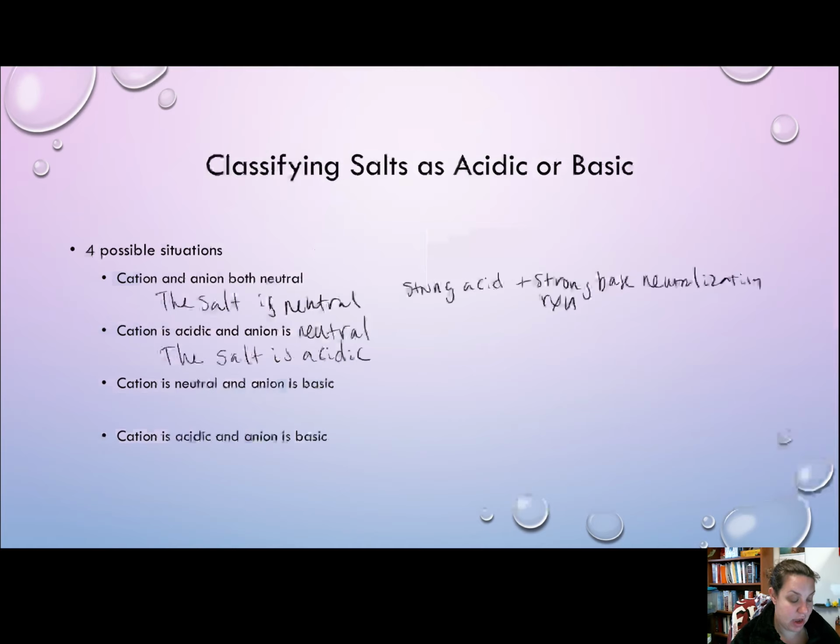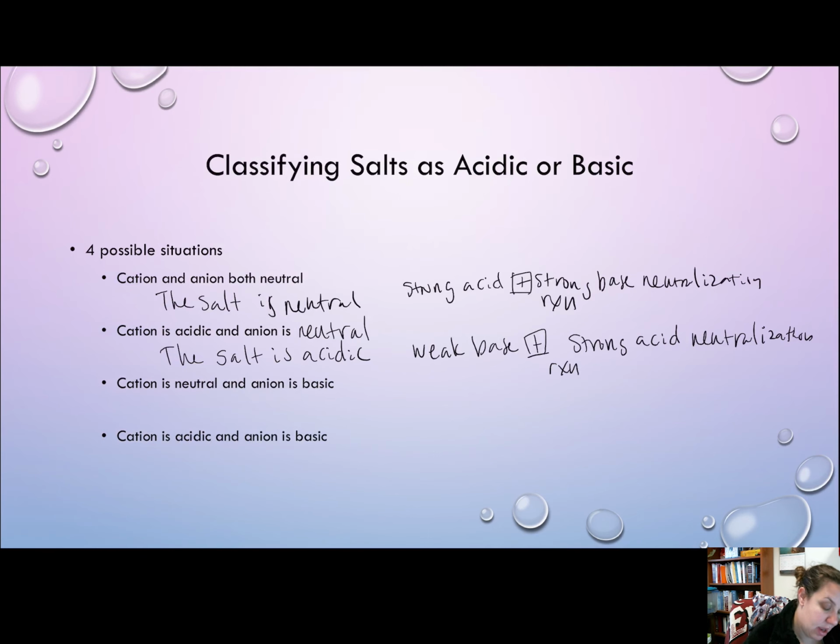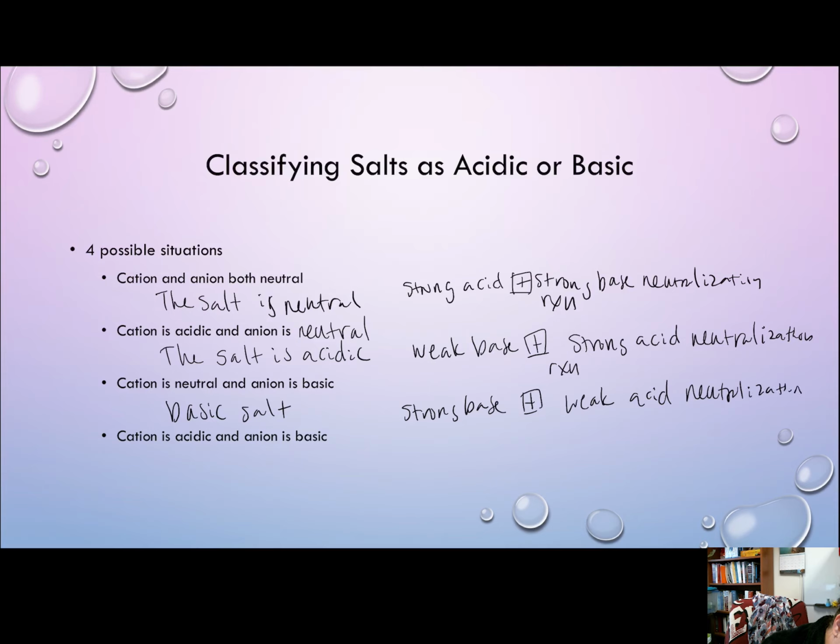If we have a neutral cation and a basic anion, we'll have a basic salt. This comes from the neutralization reaction of a strong base plus weak acid. And then lastly, if it's an acidic cation and a basic anion, it depends on Ka and Kb.